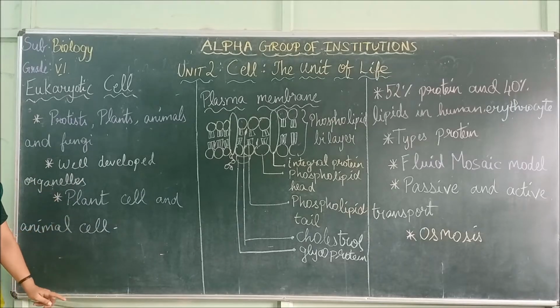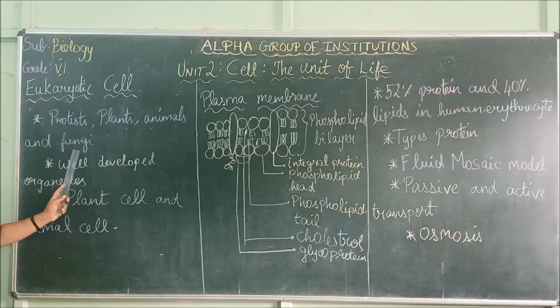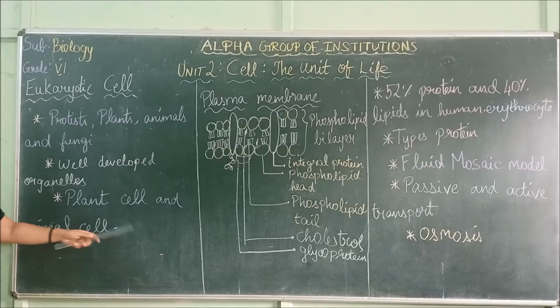In these species alone, the eukaryotic cell is present. Well-developed organelles are present in the eukaryotic cell. A plant cell has a cell wall and very large vacuoles. An animal cell has very small vacuoles and no cell wall, but centrioles are present in the animal cell.